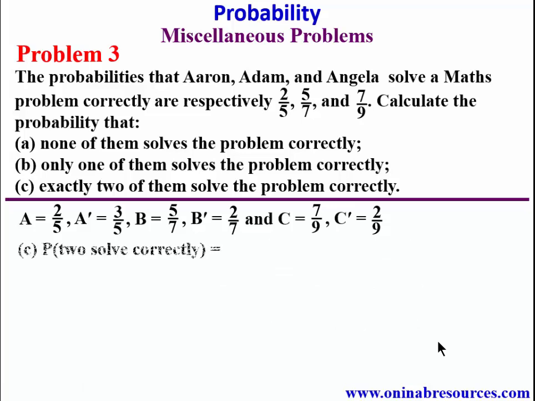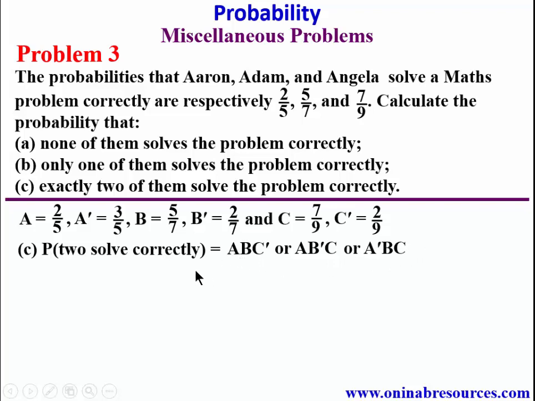For C, we have the probability that 2 solve correctly. So in that case, we still look at the different possibilities. The possibilities are A and B solve correctly and C does not solve it correctly, or A and C solve correctly and B does not solve it correctly, or B and C solve correctly and A does not solve it correctly.